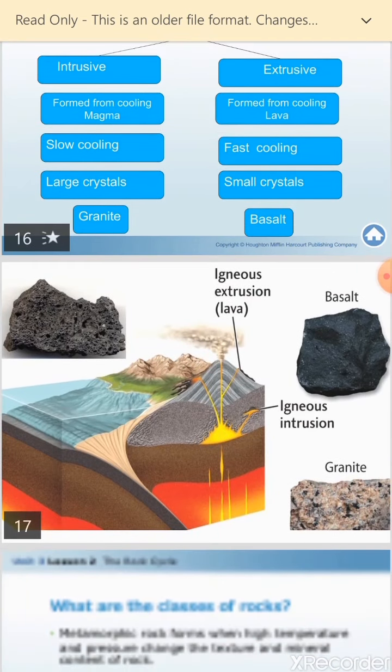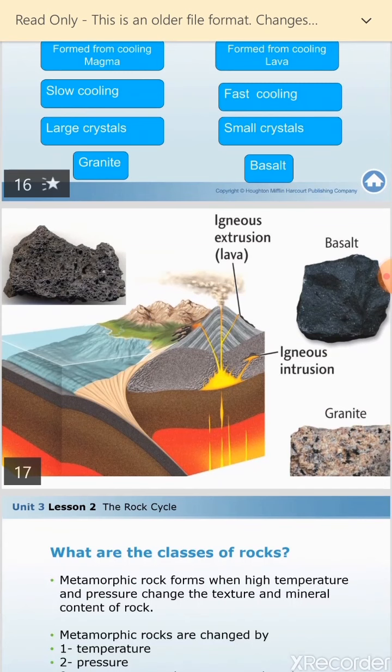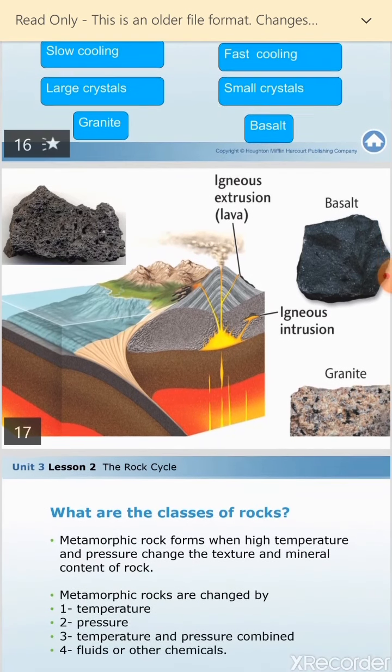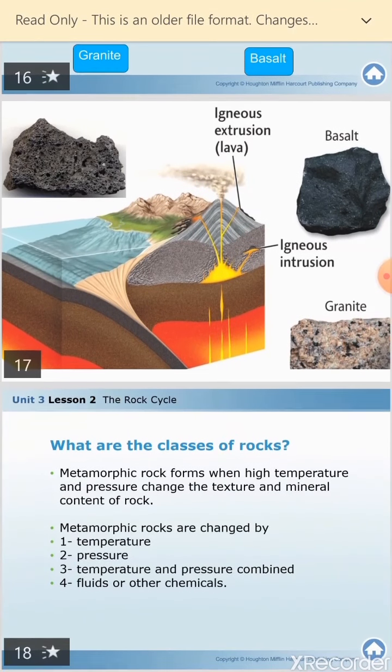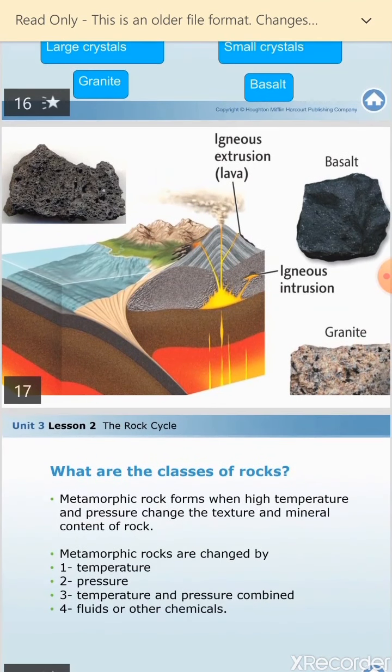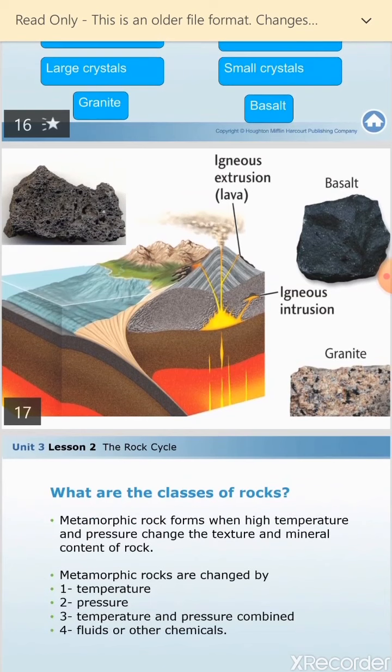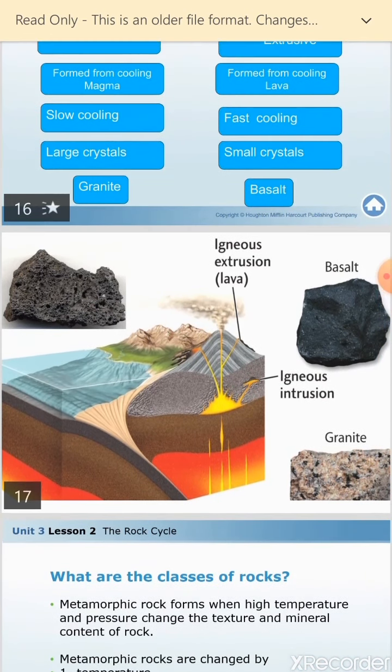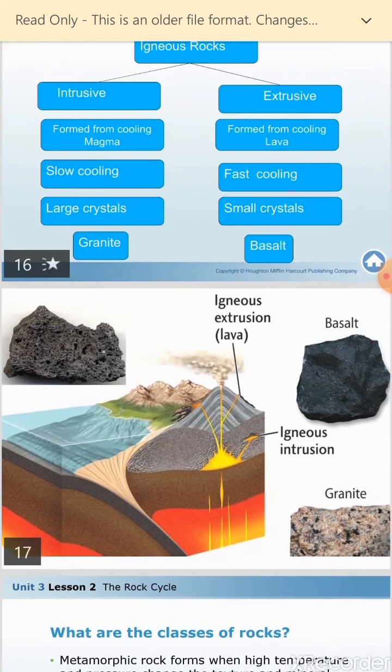When it cools quickly above the ground, as you see here, we will have smaller grains. The fragments that shape the igneous rock will be smaller. Small crystals.